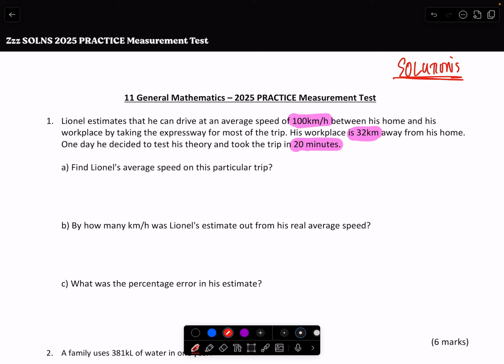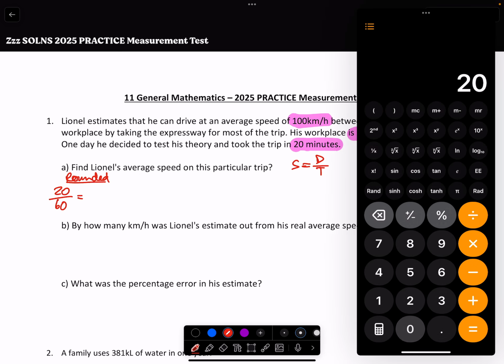So most people are going to do it this way, the rounded method. Speed is equal to distance over time. So 20 minutes in hours is 20 over 60, which is 20 divided by 60, 0.33 to 2 decimal points.